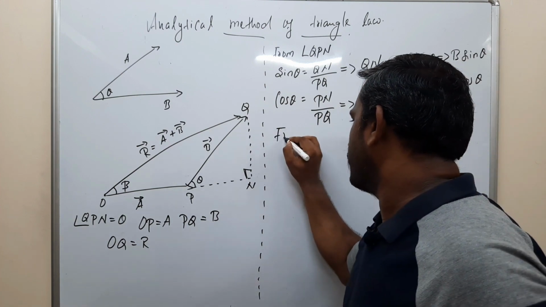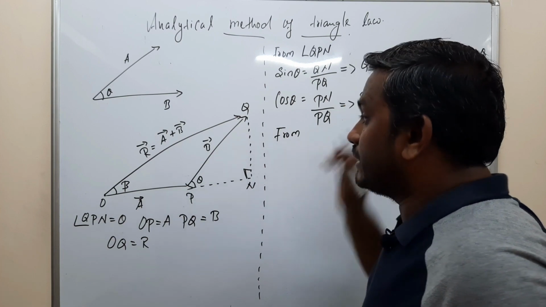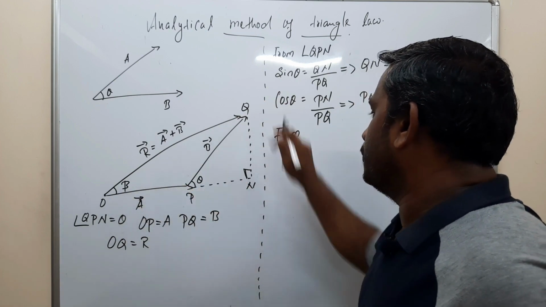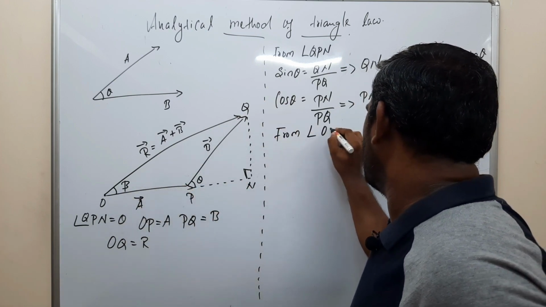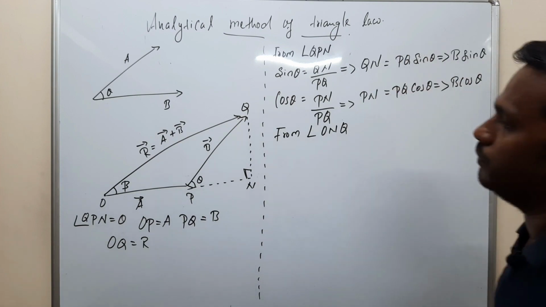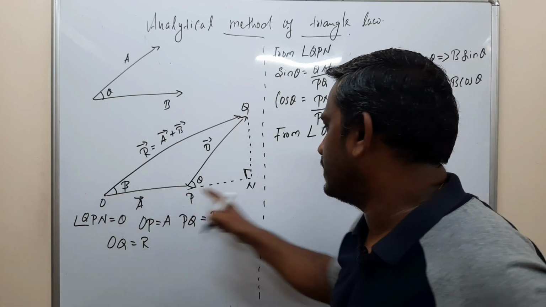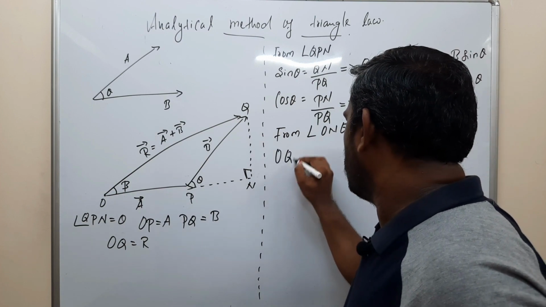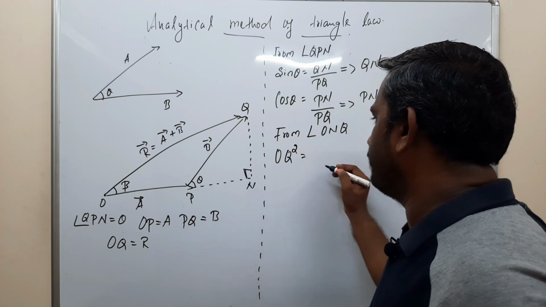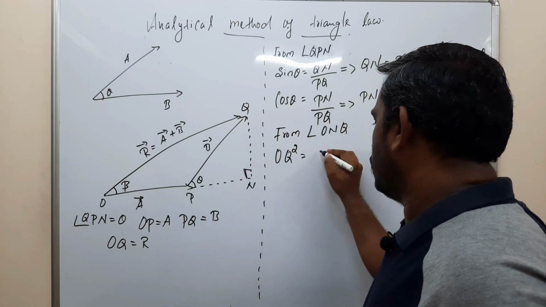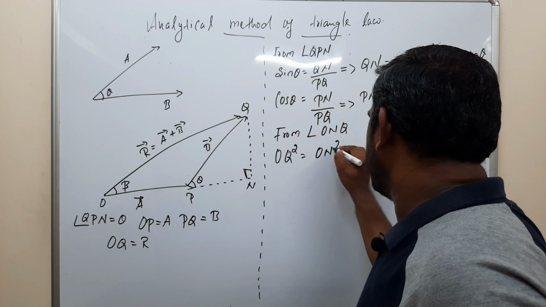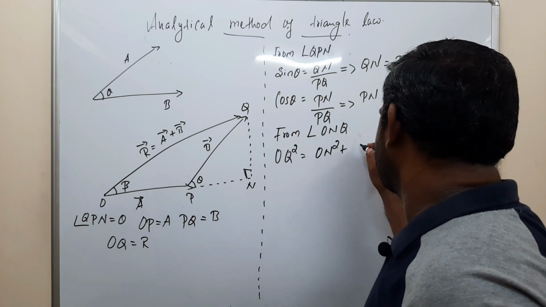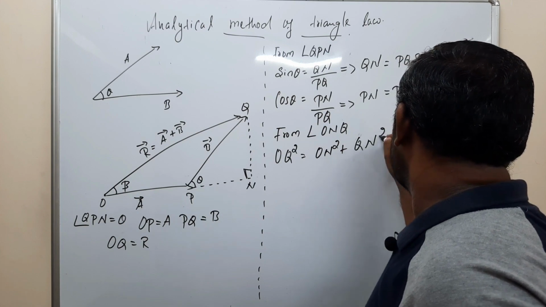So from the right angle triangle ONQ, OQ square is equal to ON square plus QN square.